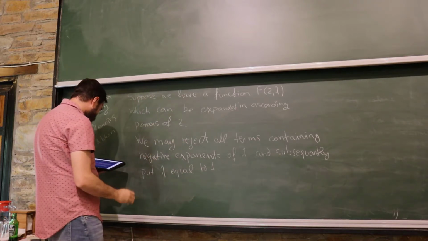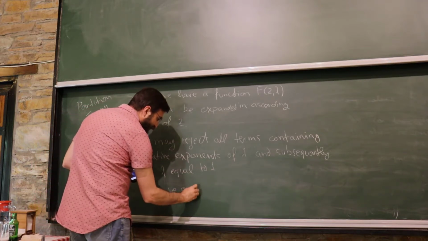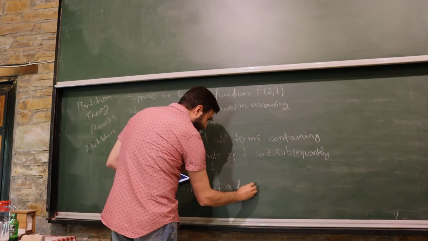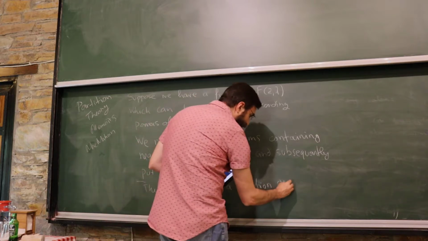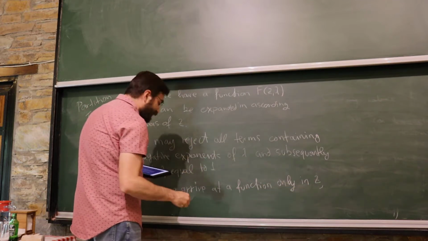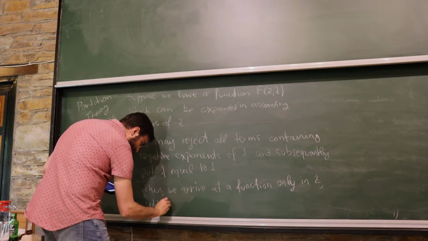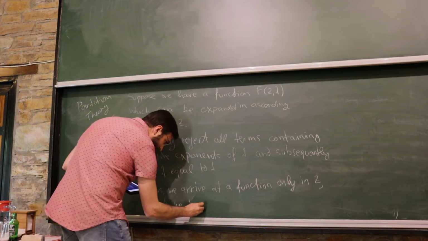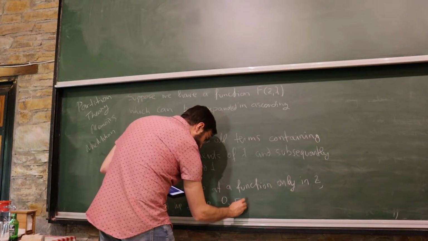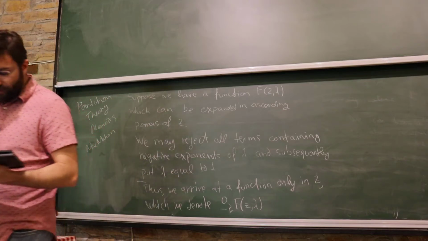Okay. Now, thus we arrive to a function only in z, which after Kelly we denote by omega of f of z lambda.